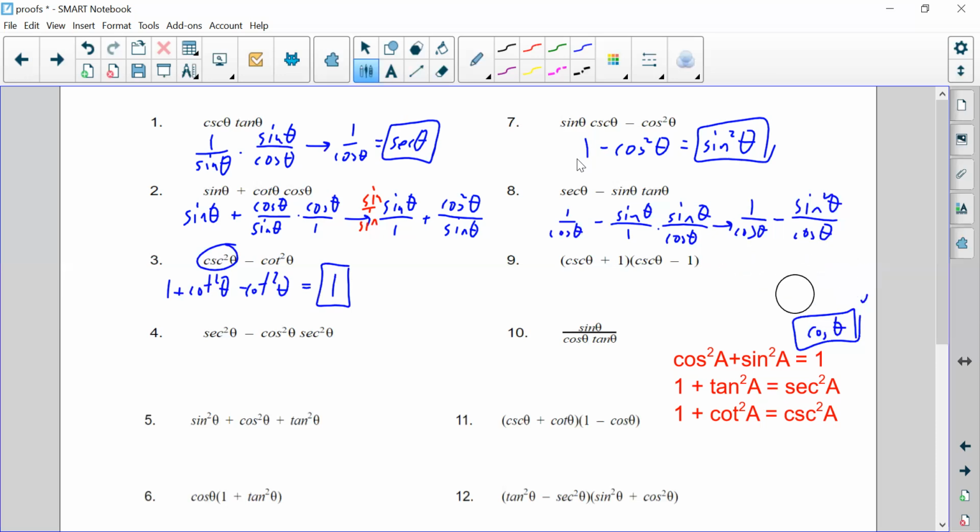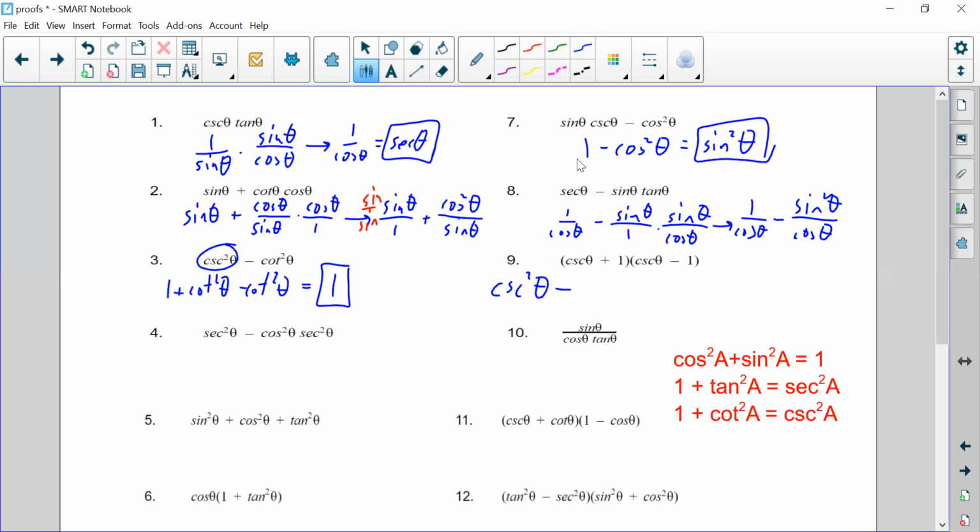This one for number 9, I have 2 things I can just double distribute. So cosecant times cosecant is cosecant squared. Cosecant times minus 1, and then 1 times cosecant, well, those 2 cancel out. So the 2 middle terms cancel out. Please realize that these 2 things are conjugates. So when you multiply conjugates, you end up getting the difference of squares.